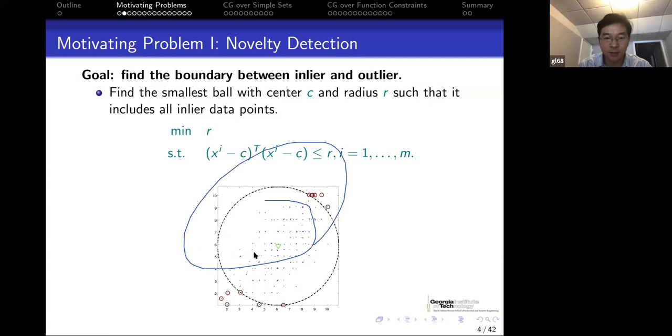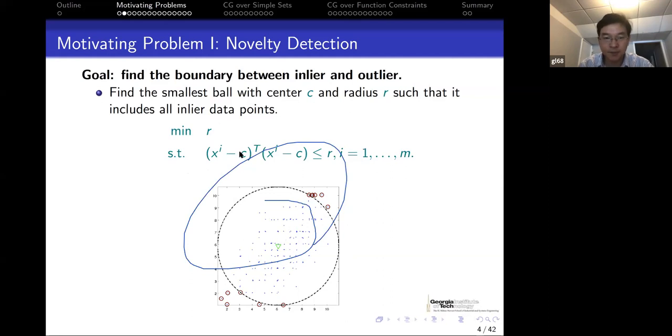Inside the circle are inlier data points, outside the circle might be outliers. So the problem can be formulated easily as the minimal enclosing ball problem. Basically we want to determine the center C and the radius R of the ball so that this ball covers the inlier data points.